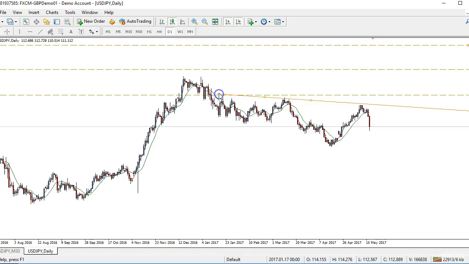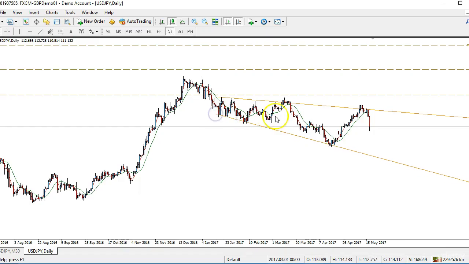Okay, so if I just put these here, this is called a trend line, and what you can see here, if I just bring it down a bit, is that this has actually created a megaphone channel. I've drawn it a bit roughly here.